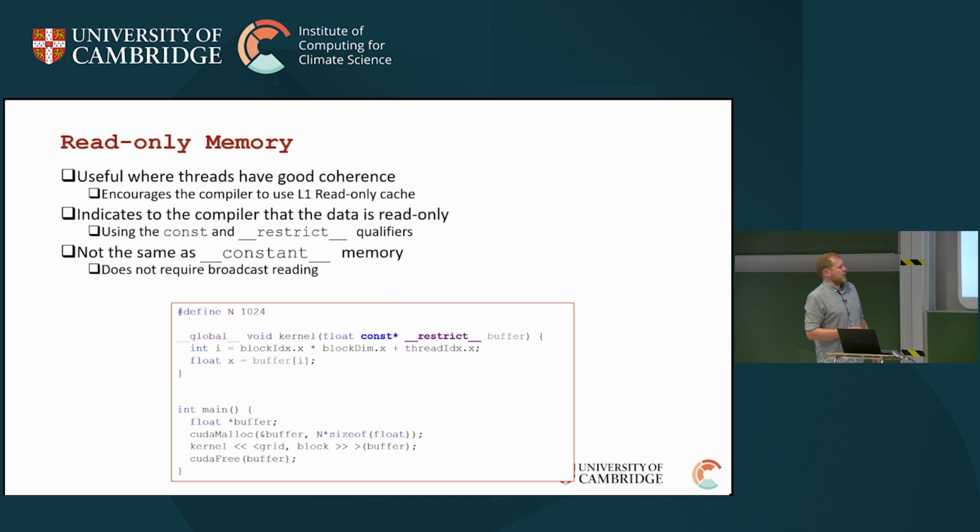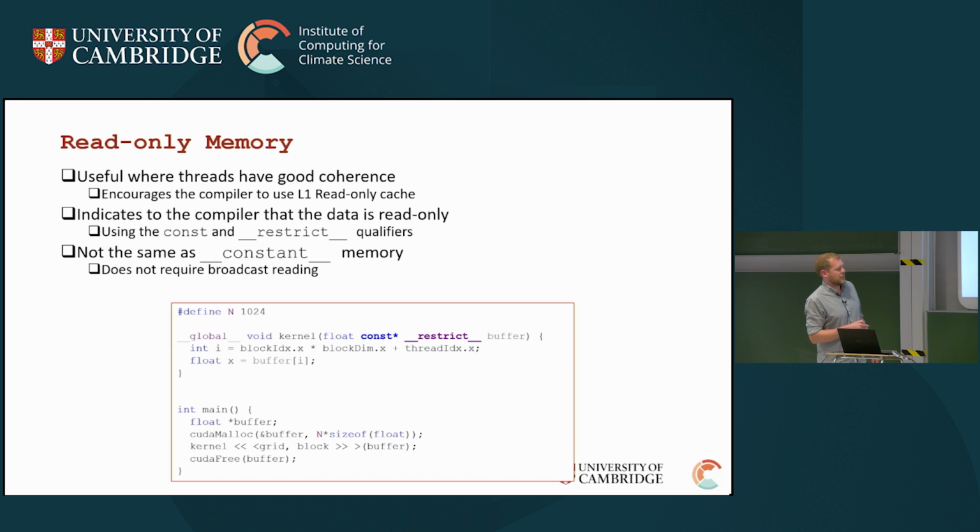The way that you can do it is you can do nothing at all, and the compiler might actually determine that your code is read-only and pull it through L1 anyway. That might just happen. Or you can hint to the compiler that you would really like it to do this. It won't necessarily do it, but you can hint to it and hope that it's listened. The way that you hint to it is you put the const restrict keyword on your pointer, and that's a good indication to the compiler that it's safe to bring it through the L1 cache, through read-only memory.